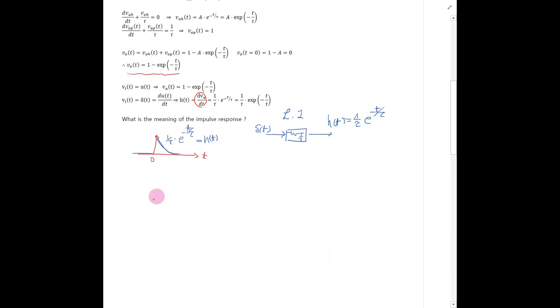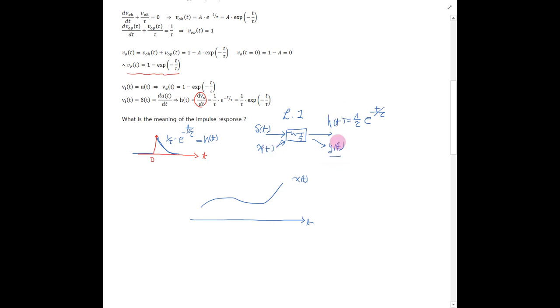To understand the meaning of this, let's try to see any kind of input. Here is any x(t) given like that, and this is time. We would like to figure out, when x(t) is applied here, the corresponding output will be y(t). We would like to find the relationship between this output, the delta function, the input and the impulse response.